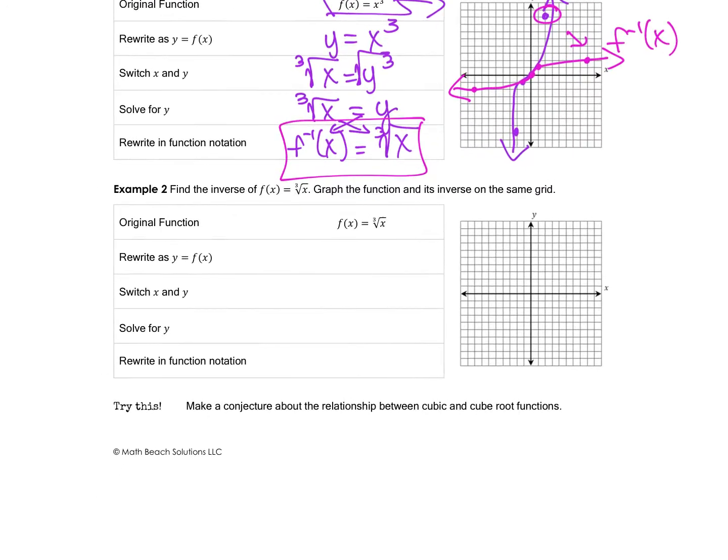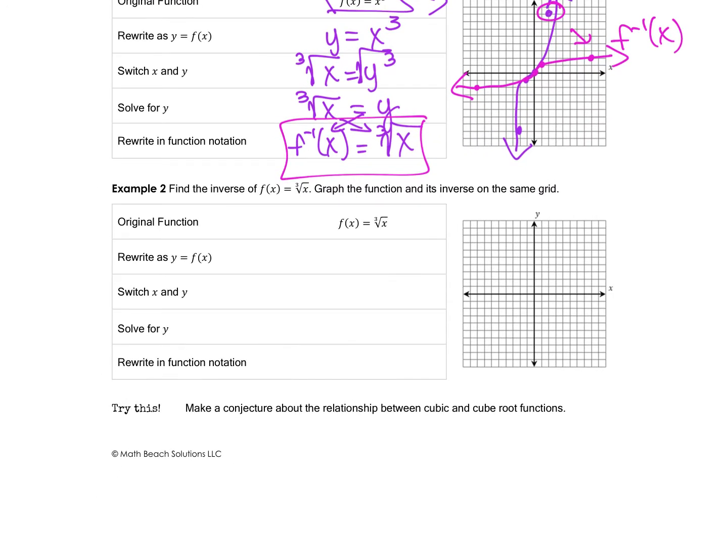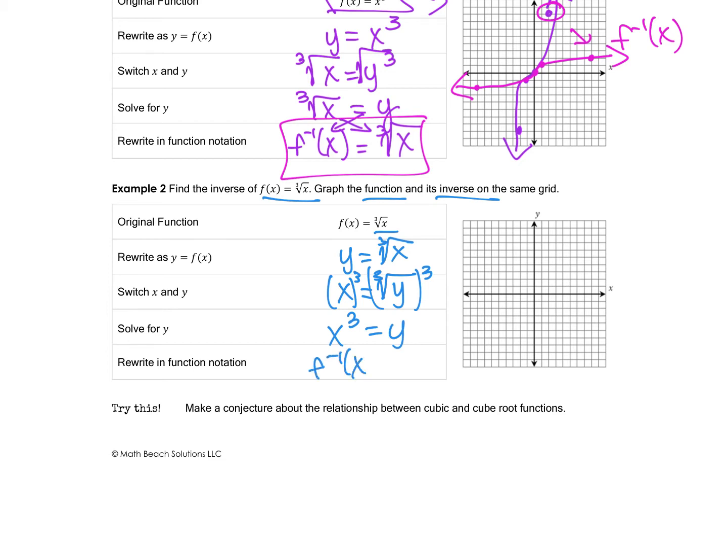All right, let's look at the next one. This one, we are starting with cube root of x. We're going to graph the function and its inverse. First, I'm rewriting f of x as y. And then we're switching x and y. We're solving for y, so in order to get rid of the cube root, we cube both sides. We get x cubed equals y. And then instead of y, we're putting inverse of f.